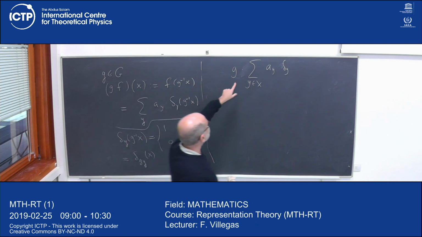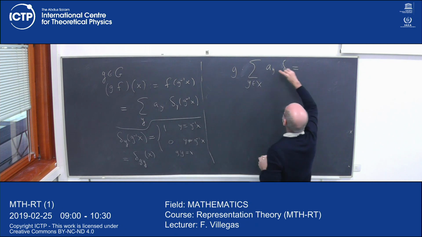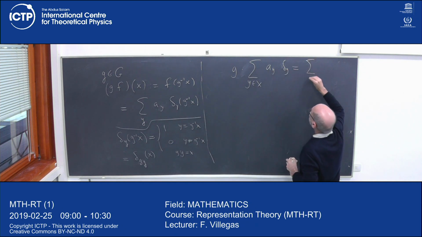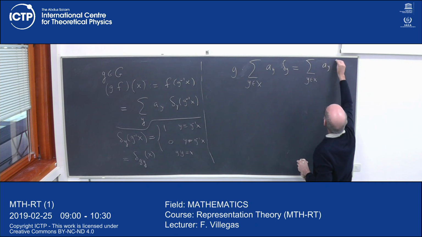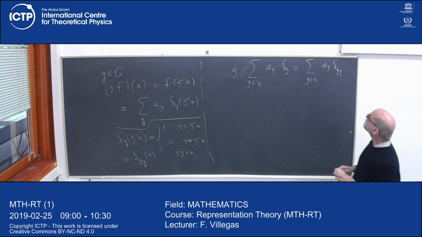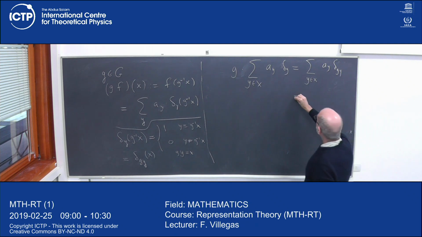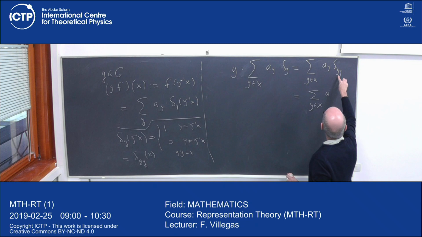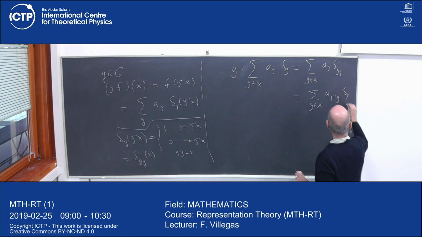Let me write it like this: if I act on this function, this is the sum over y in X of a_y delta_{gy}. And this we can also write by changing variables as a at g inverse of y.